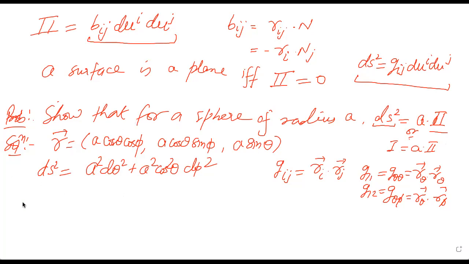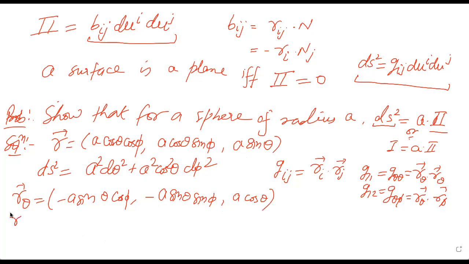So I will find my r_θ. You must have already found r_θ here; I am writing the same. So r_θ will be minus a sin theta cos phi, minus a sin theta sin phi, and a cos theta, differentiating with respect to theta keeping phi constant.